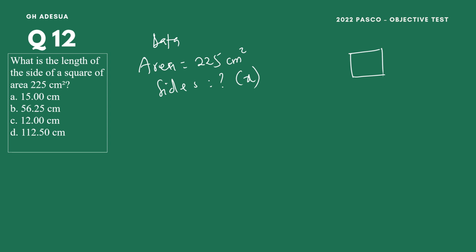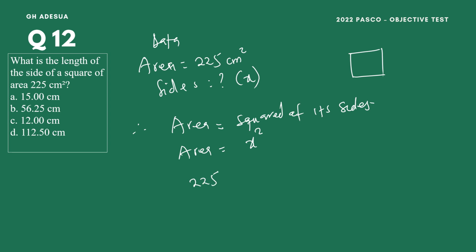So the area of a square is the square of its sides, and we are denoting its side with x. So you have the area of the square to be x to the power 2. Now, we have our area already in our data to be 225 centimeters squared, equals x squared.